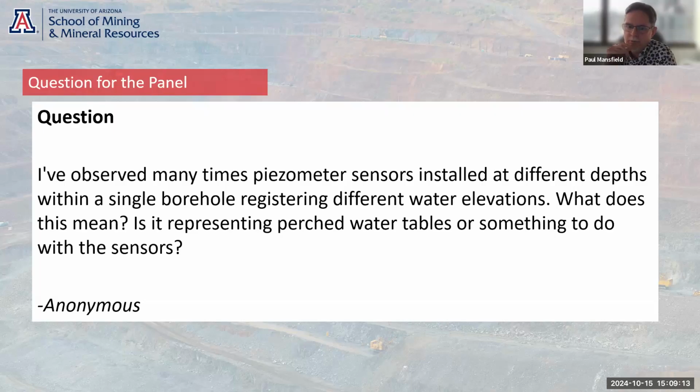Therefore it was very difficult to get any representative phreatic levels. That was part of the reason why we started to install vibrating wire piezometers in some of the open pits, for example, Chuquicamata in the north of Chile in the early part of the century. And since then, we've never looked back. Vibrating wire piezometers are now the norm in all medium-sized and big pits in Chile and throughout the world.